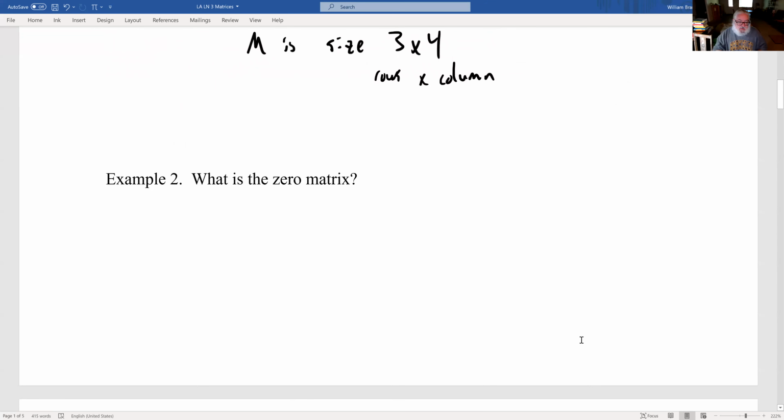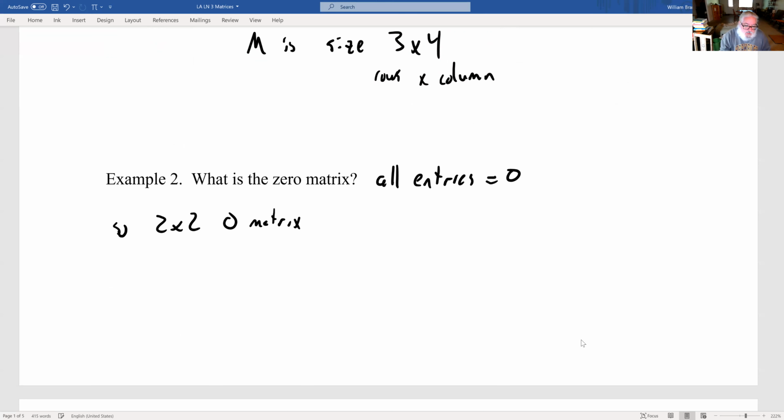Zero matrix: all entries equal 0. So there are many different ones, because each size has its own zero matrix.